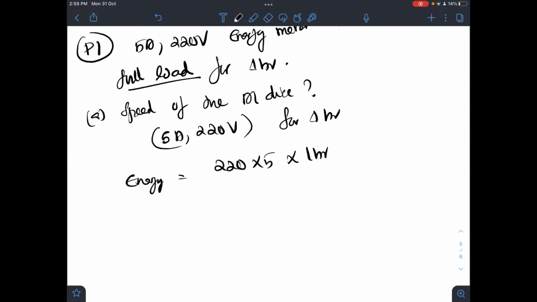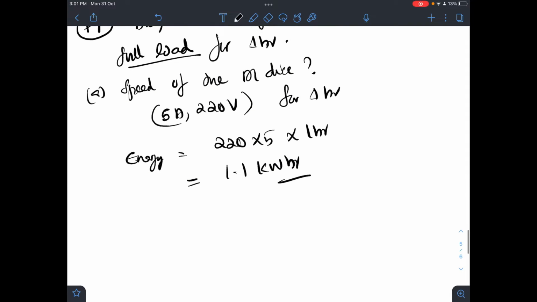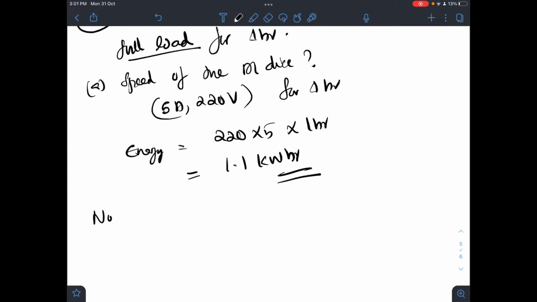With that, if I work it out, the total energy consumed will be 1.1 kilowatt hour in 1 hour. Now let us find out how many revolutions there will be.